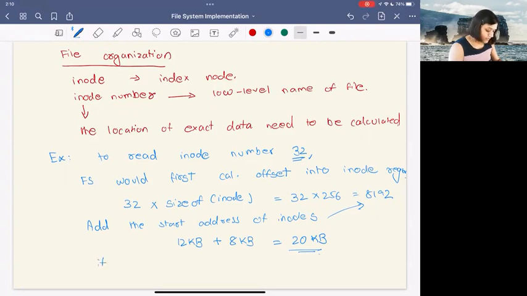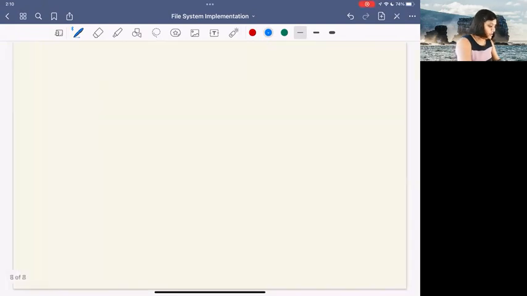Now, if the disk sector size is 512 bytes, then we would have to go to this 20 kilobytes, because a kilobyte is a 1024 multiplier.